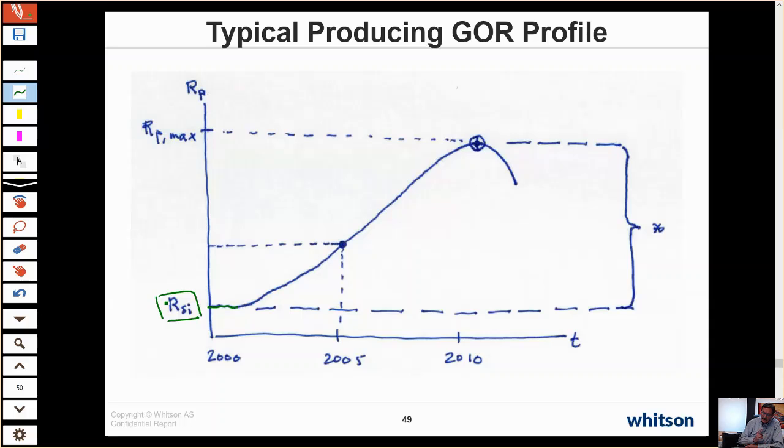Now, what's interesting is that if you create the black oil table from this initial oil composition, you won't have any saturated properties for maybe the entire curve here. Okay? You don't have any saturated properties for these producing gas oil ratios.